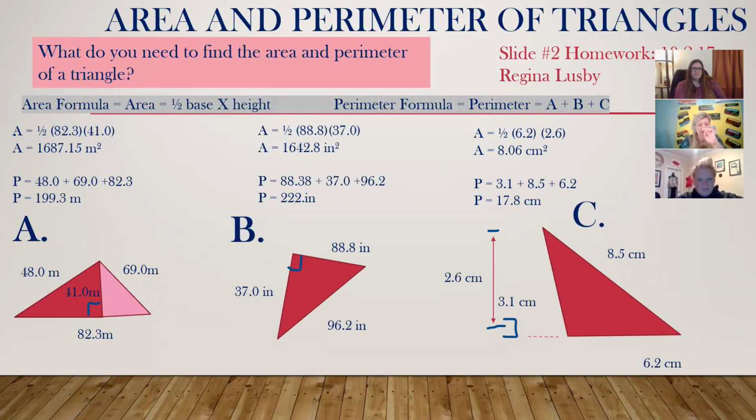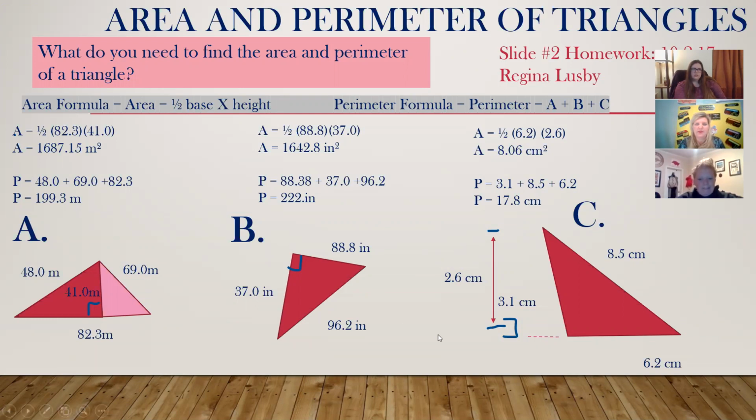For your area formula, your area is half the base times the height. And the perimeter formula is your perimeter is A plus B plus C. So all you do is take those 2 formulas and plug the numbers in that are given to you. And as you can see below, that helps you to work those problems out. So they're pretty simple.